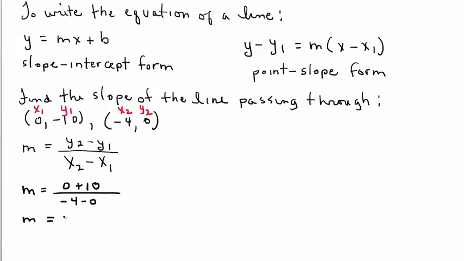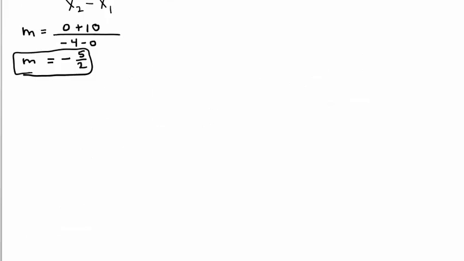So we're going to have 10 over negative 4, but that will simplify to negative 5 halves. All right, so just a quick review of finding slope given 2 points. Next objective. Let's find the equation of a line given information.